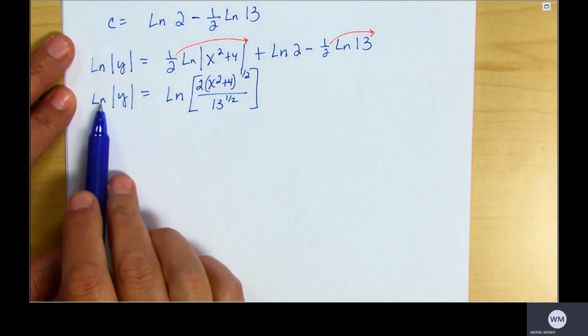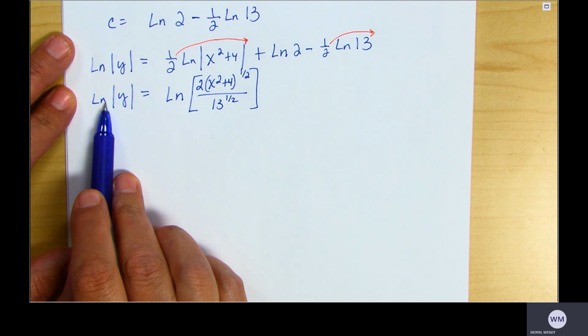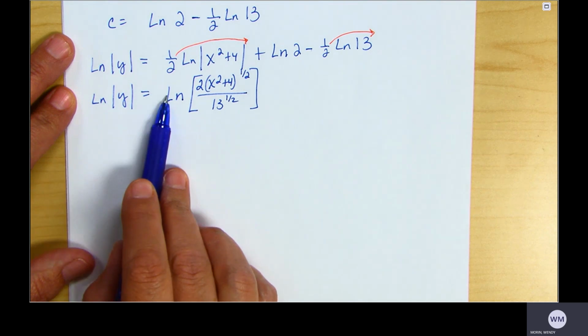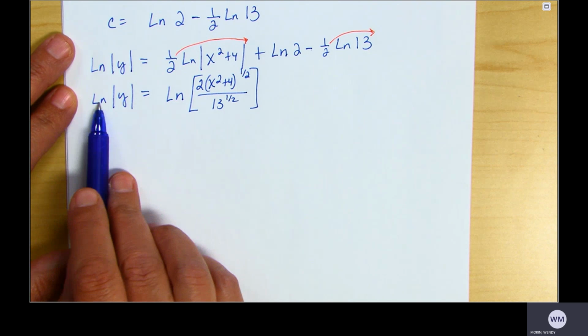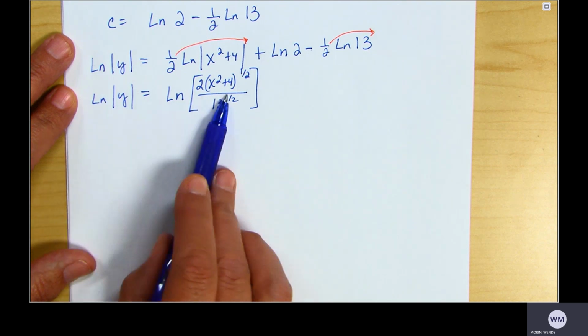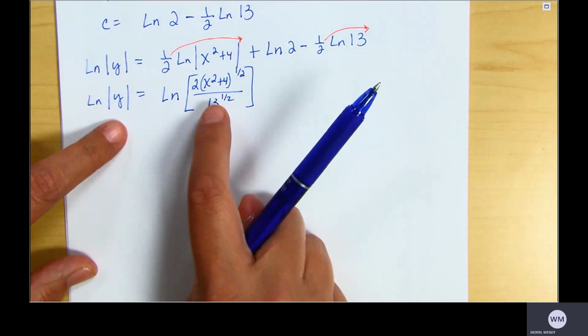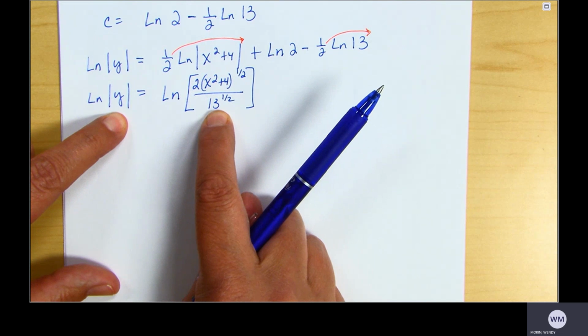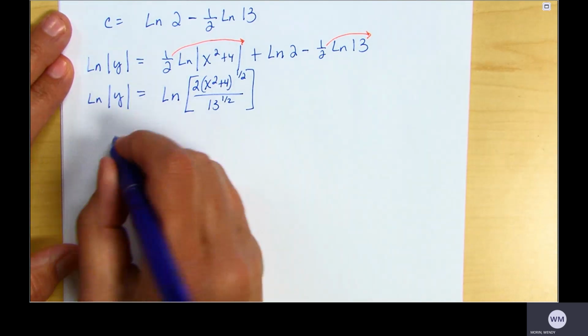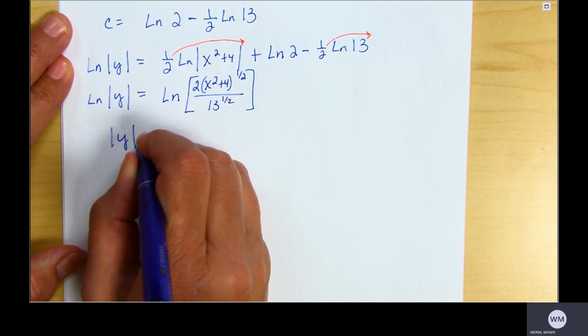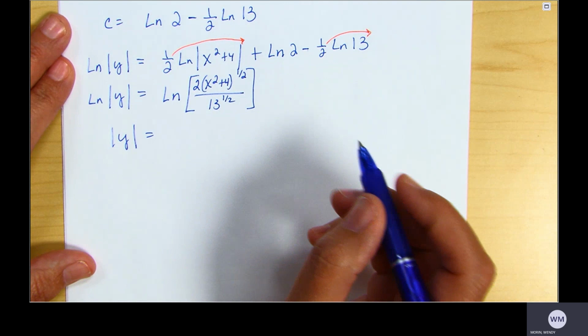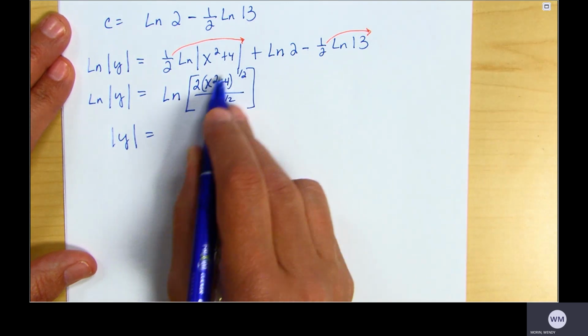So we have a natural log equals a natural log. So you could use the equality property. See, natural log equals a natural log. So the equality property means that these two things have to be equal to each other. So the absolute value of y has to be equal to all of this.